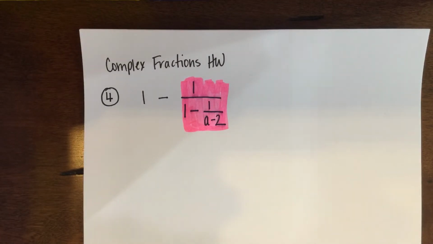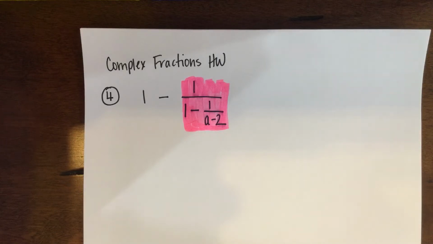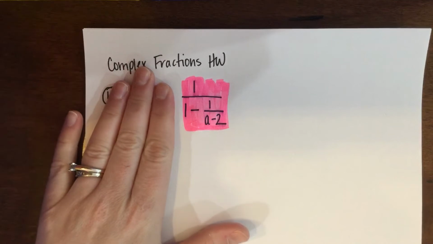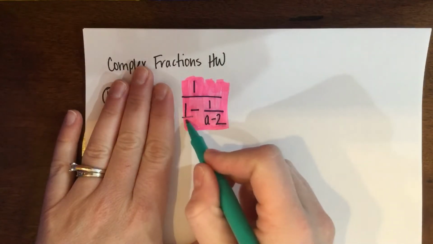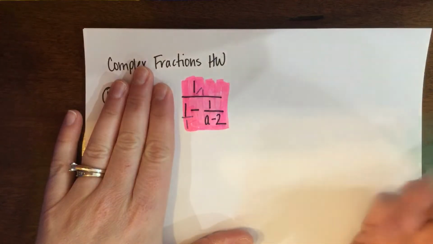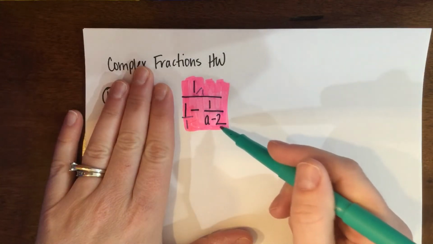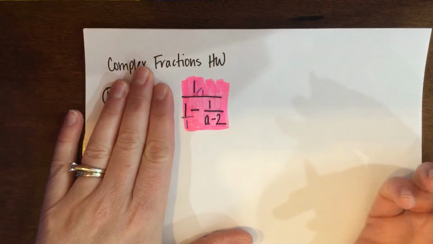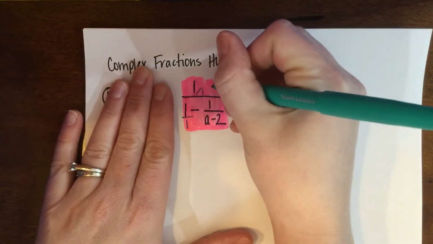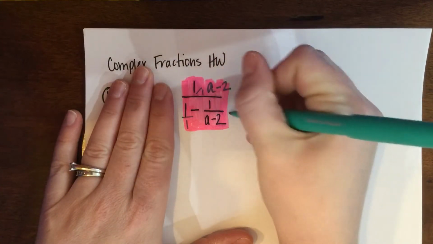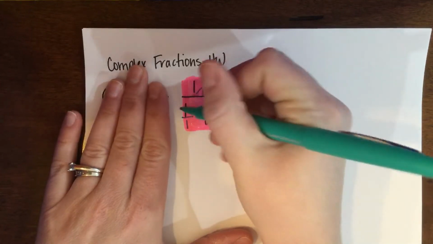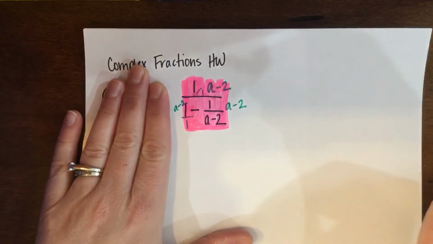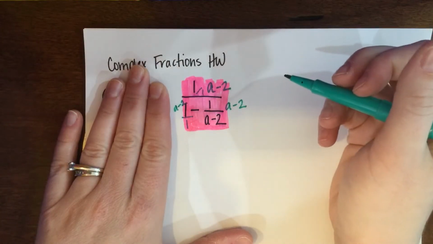So when I take a look at this complex fraction, I know that the first thing I have to do is find my LCM. Well, I only have one denominator, so my LCM is going to be that a minus 2. So if I multiply each of my terms by a minus 2, that's the equivalent of multiplying by 1 with a minus 2 over a minus 2.